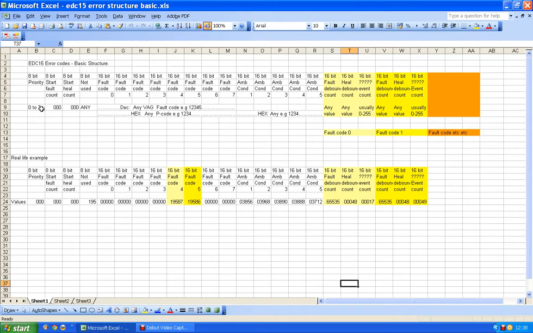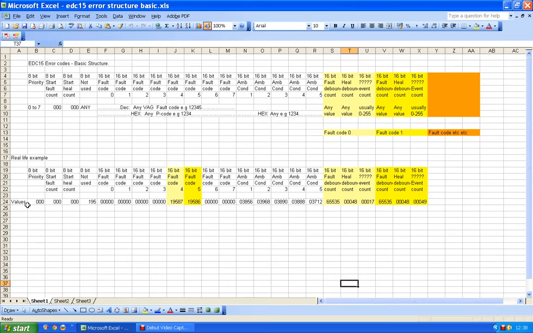Generally it has a number 0 to 7, 0 being the least important, but again, some ECUs use slightly different numbers, but these early ones seem to use 0 to 3 as a guide, and so 3 would be the most important. 4, 5, 6 and 7 give more information about the priority of the fault, but don't seem to actually increase the priority of the fault. So it seems that once you get past a certain point, the priority is considered top priority anyway, and that appears to be 3.